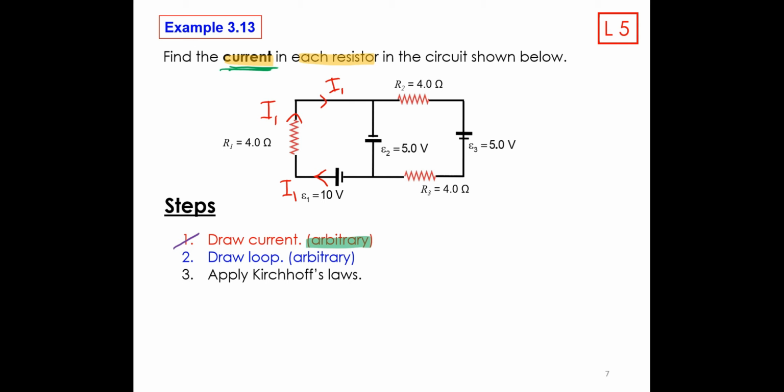Next, for wire 2 in the middle, let's say this is the direction of current 2. I label this as current 2. Next, our third wire at the right side, I choose this as I3.